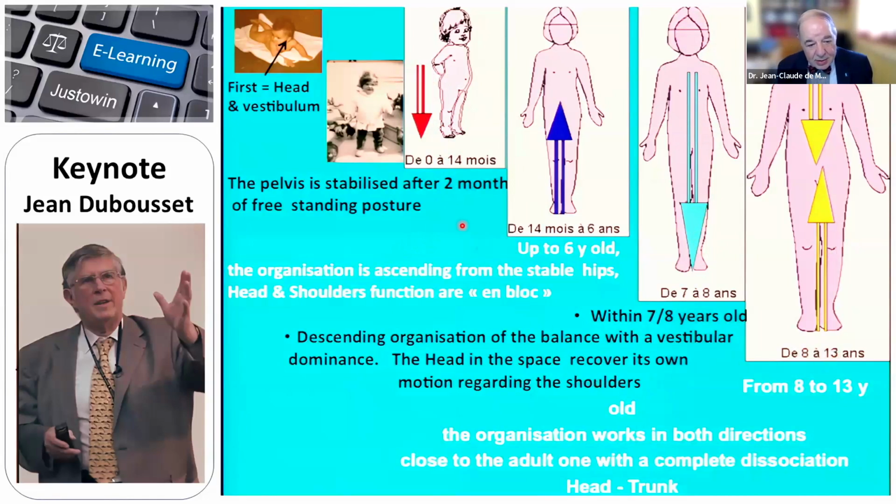This is the concept basis of the Lyon method, based on this extrapyramidal system, the progressive maturation of the extrapyramidal system. And you remember at 12 years, you have the maturation at the spine level.